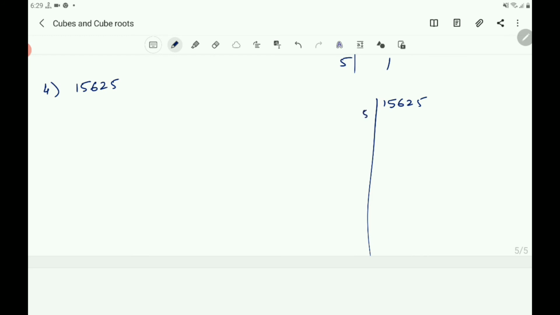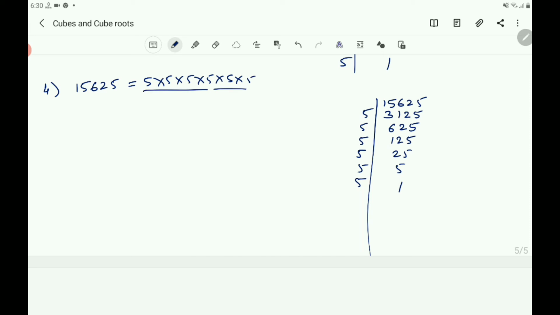Then you divide it by 5: 5 3s are 15, 5 1s are 5, 5 2s are 10, 5 5s are 25. Again it is divisible by 5: 5 6s are 30, 1 is remaining, 5 2s are 10, 5 5s are 25. Then 5 1s are 5, 5 5s are 25, 5 25s are 125, 5 5s are 25, 5 1s are 5. Then you write it as 5 into 5 into 5 into 5 into 5 into 5.